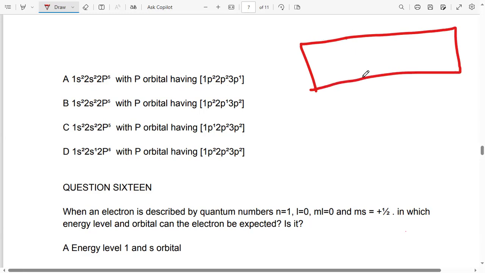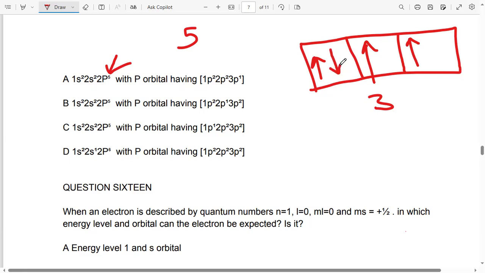We know that in the p orbital we have 3 suborbitals. So those 5 electrons, you first put 1, another one there, and another one there, and then you come back. You put 1 here, then 1 there, and then they are done. We have finished the 5. So pay attention to what these last parts are saying.